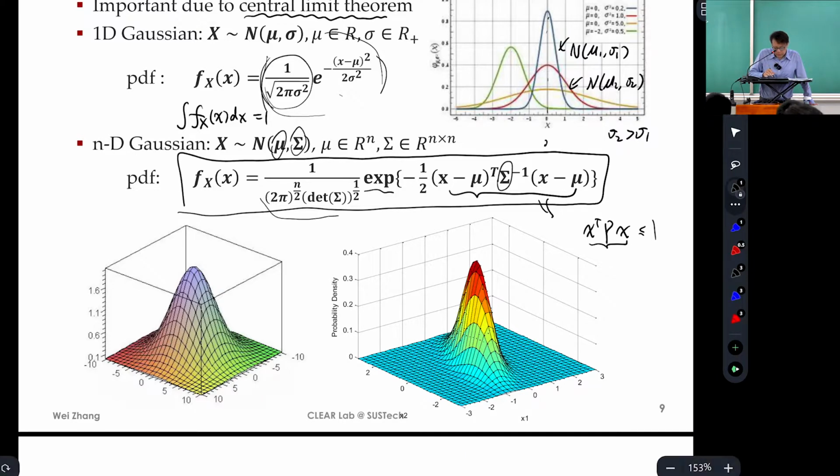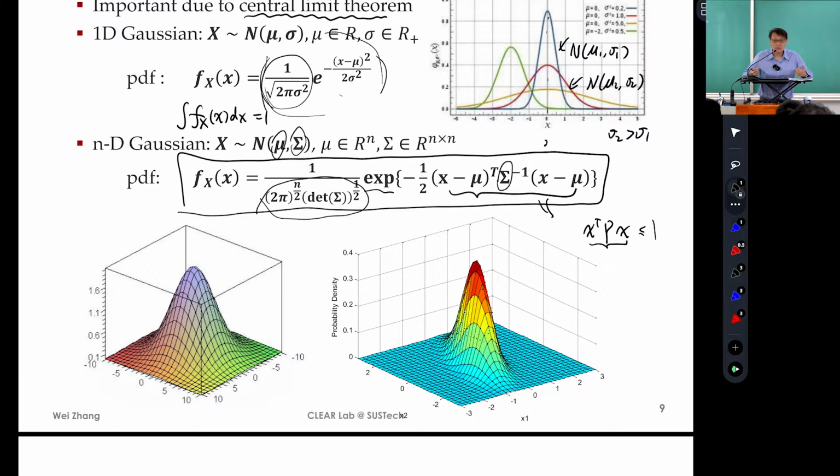You also need to multiply by this weird-looking factor, which involves the determinant of the covariance matrix. We have this constant to make sure the integration of this density function over the entire Rn is 1.